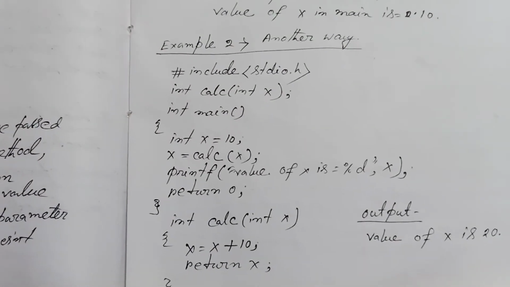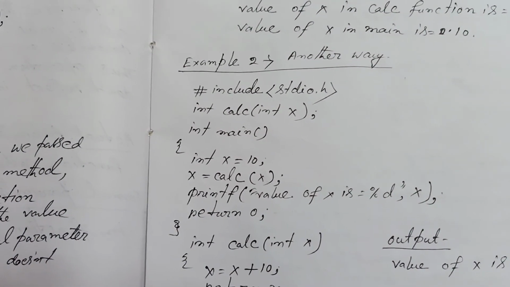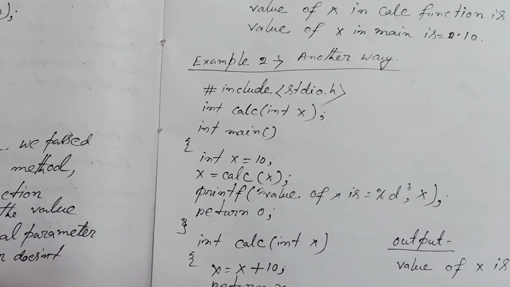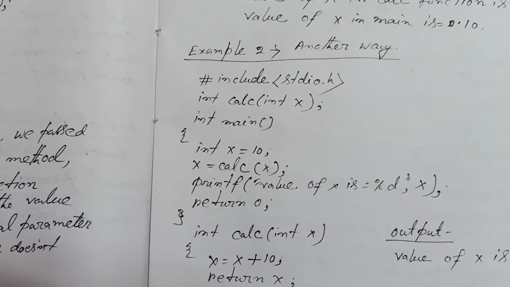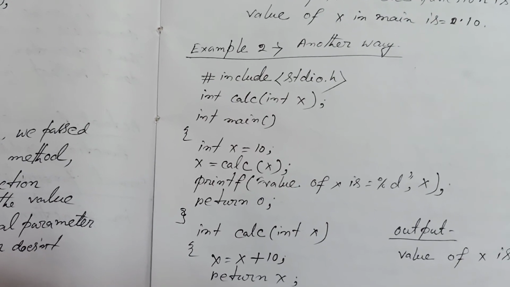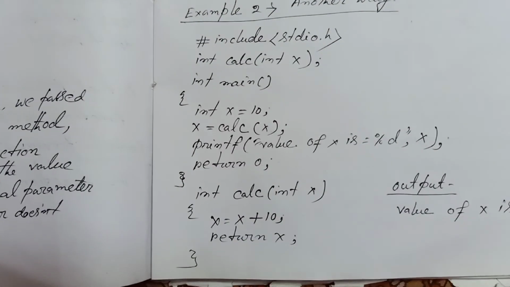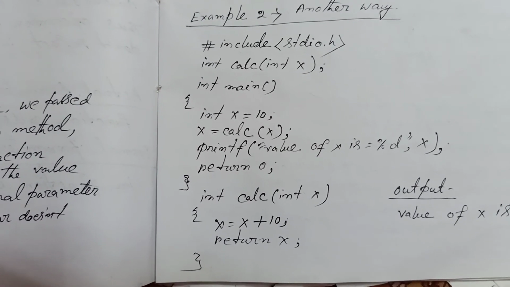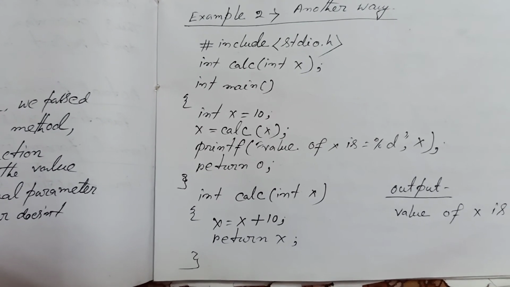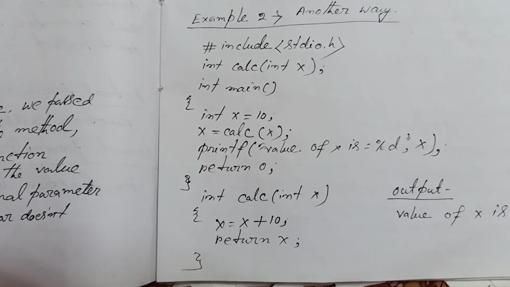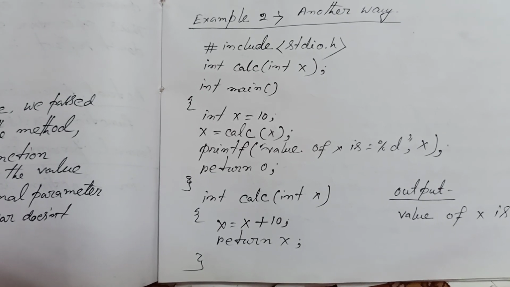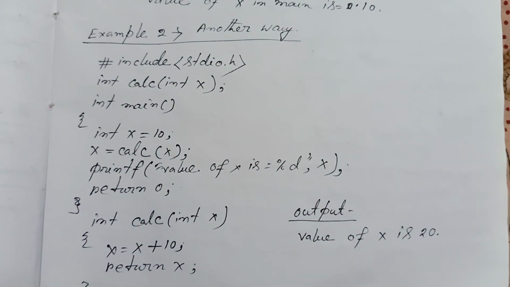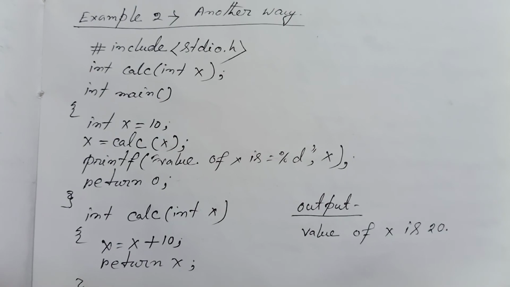Printf: value of x equal to %d within quotation, after a comma give x, return 0. Now the definition of the user defined function: int calc within the first bracket int x, x equal to x plus 10, and return x. So the output would be: value of x is 20.